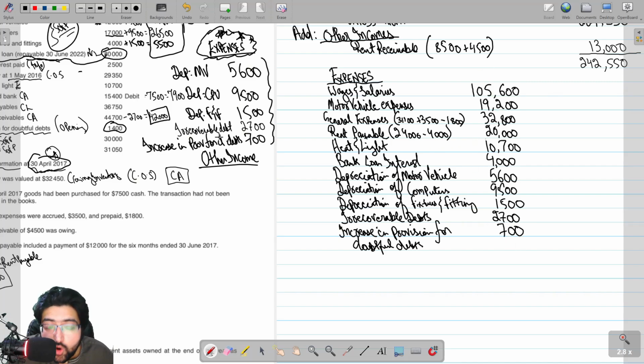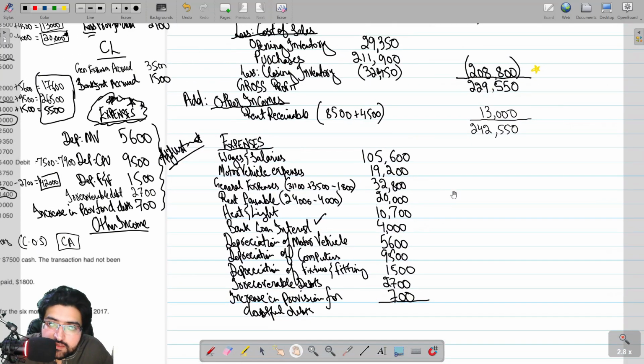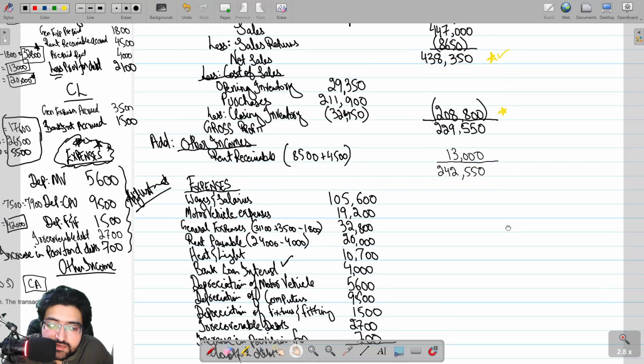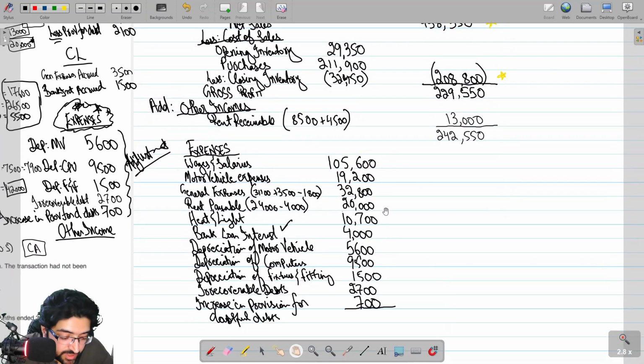We have recorded all the expenses given in the question, the bank loan interest as well, and then all these that we had calculated through adjustments. So now all the expenses are included in the income statement. Let's total all of these expenses now. Use your calculators, total them. Okay. Let's just look at the income statement now. Okay, total these expenses quickly.